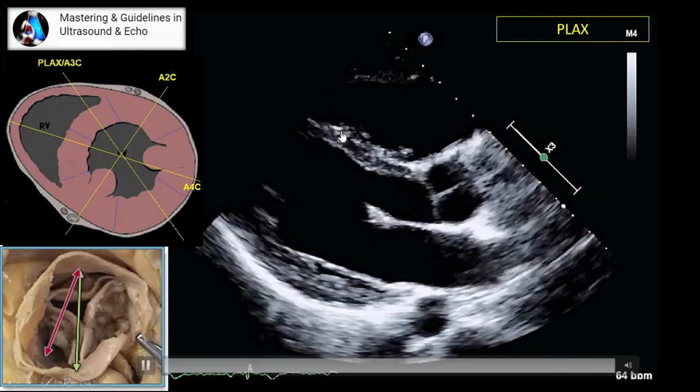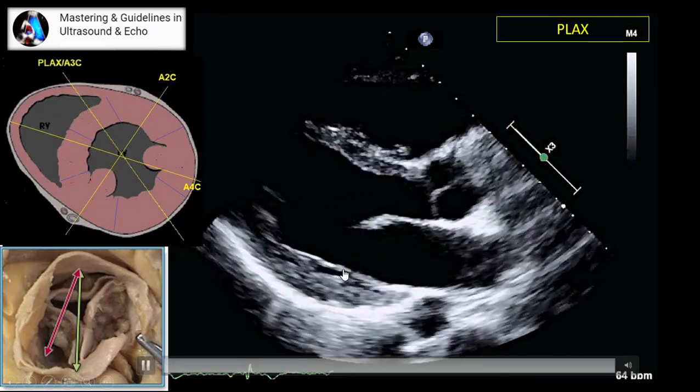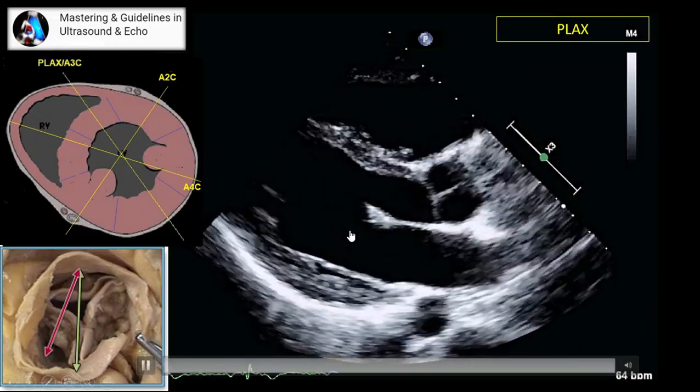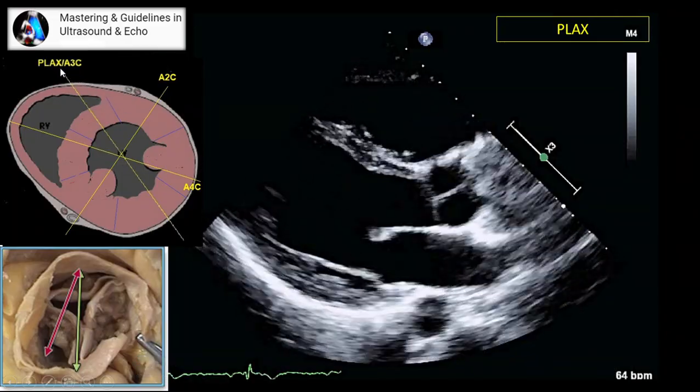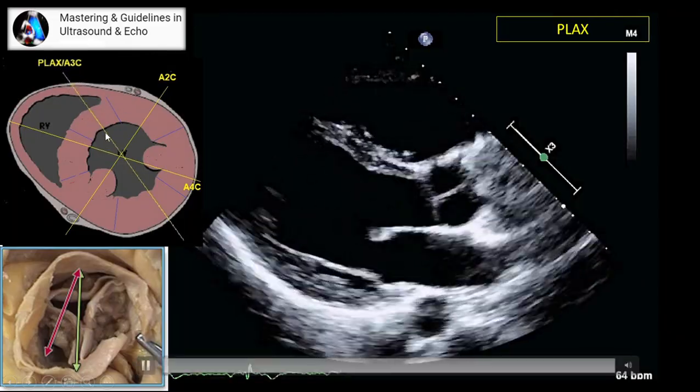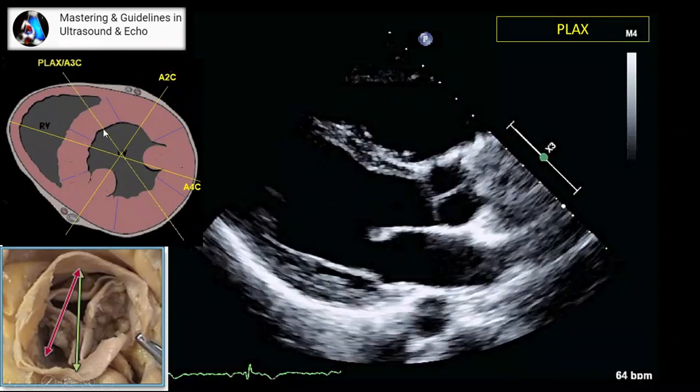In other words, this part of the IVS and posterior wall are parallel to each other during diastole. It shows us that our PLAX axis passes completely through the center of the left ventricle. This is the same for the apical 3-chamber view too.